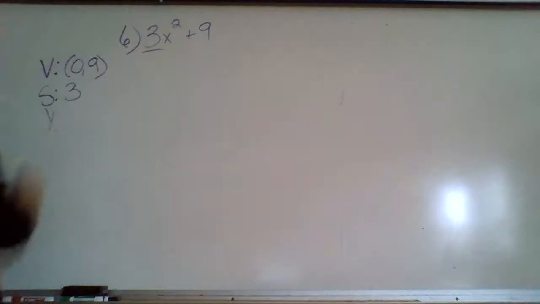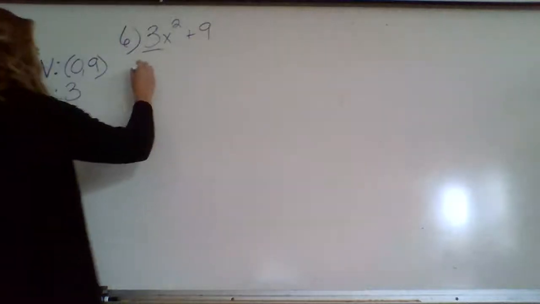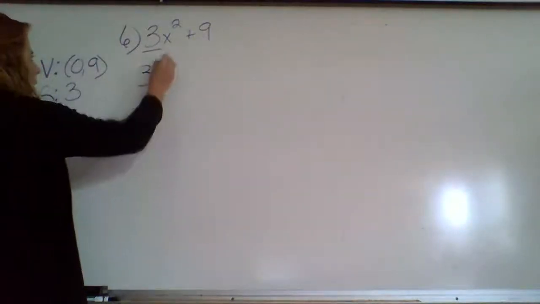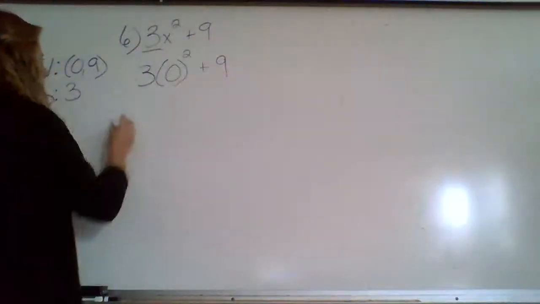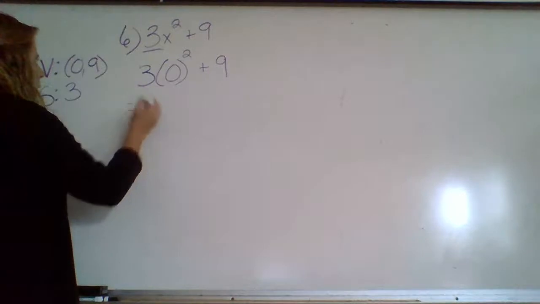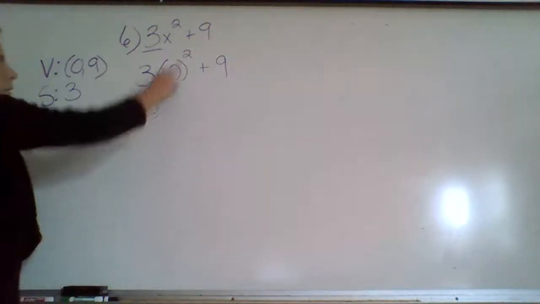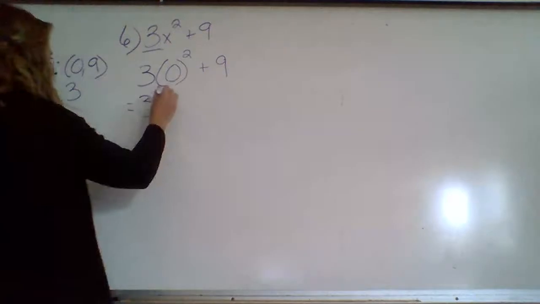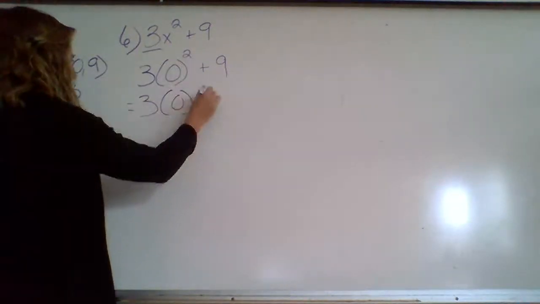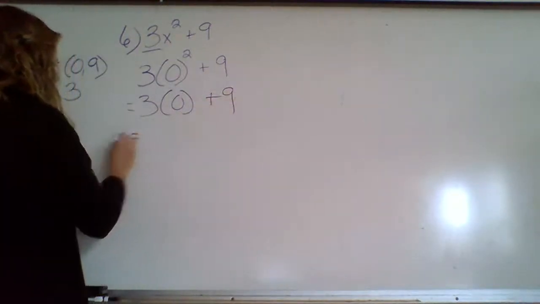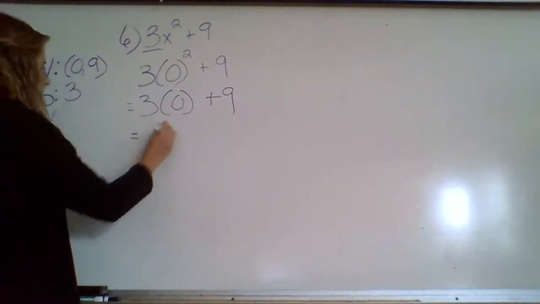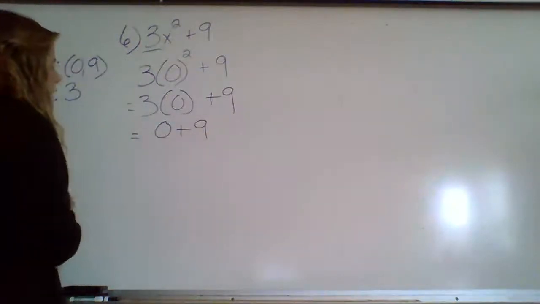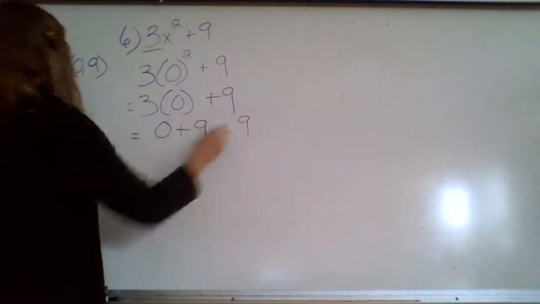All right, here we go. Y-intercept. So substitute 0 in for x. So 3 times 0 squared plus 9 equals y. 0 squared is just 0 times 0, which is 0, plus 9. 3 times 0 is 0, plus 9 equals 9.